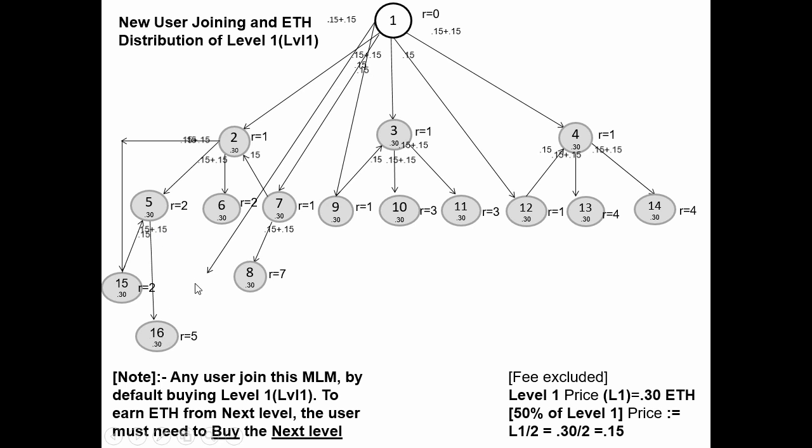Now user 17 is going to be added by user 1. Where will it be placed? User 1 level 1, 1, 2, 3 already filled up. Level 2, 1 to 9 already filled up. Level 3, 1, 2, 3 is empty.